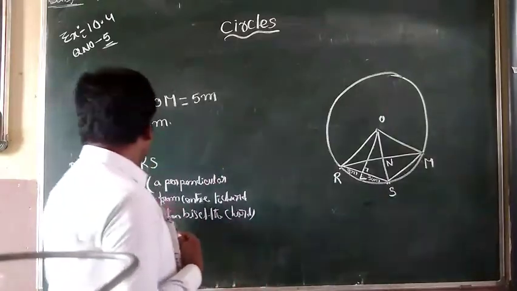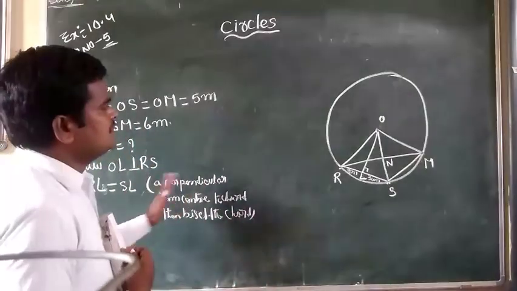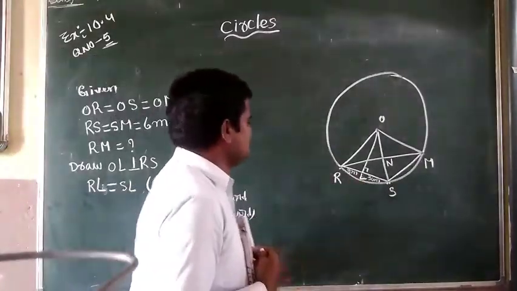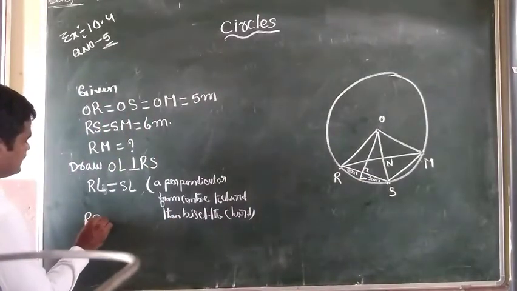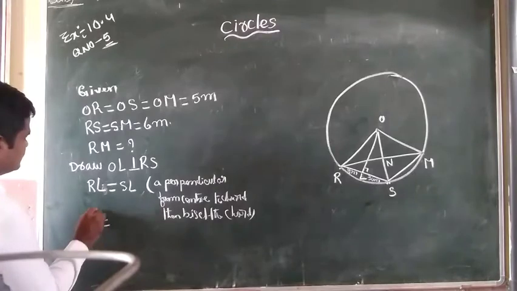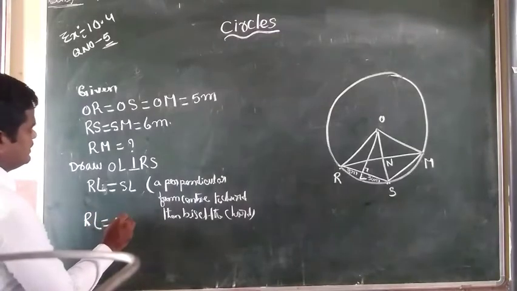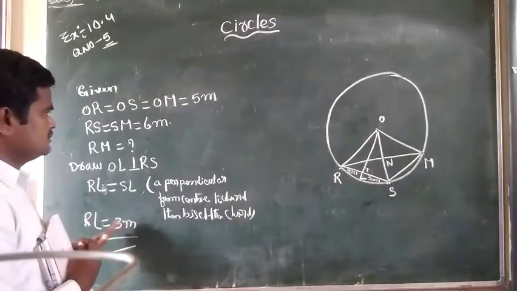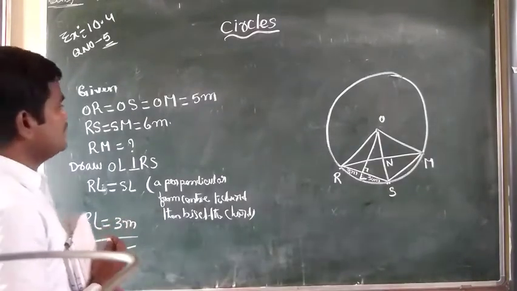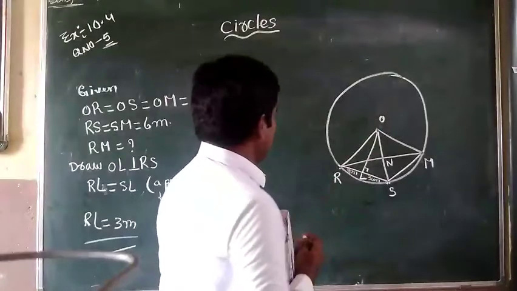So RL equal to SL, then RL equal to 3 meter, and now you have to find OL.